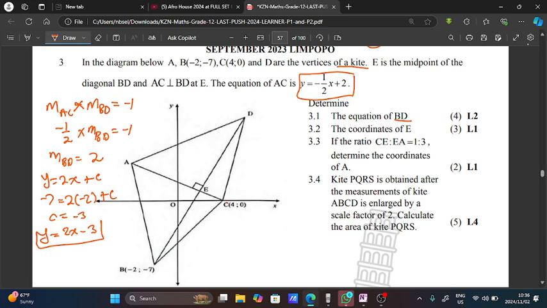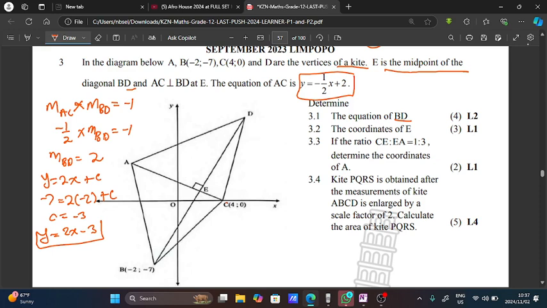Determine the coordinates of E. E is the midpoint of the diagonal BD. They want the coordinates, and we don't have the coordinates of D. But we have the equation of the line BD.